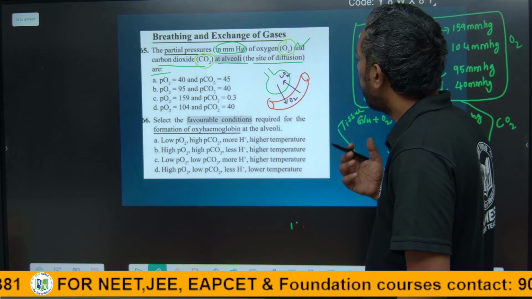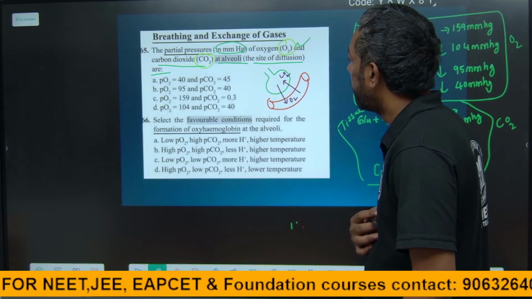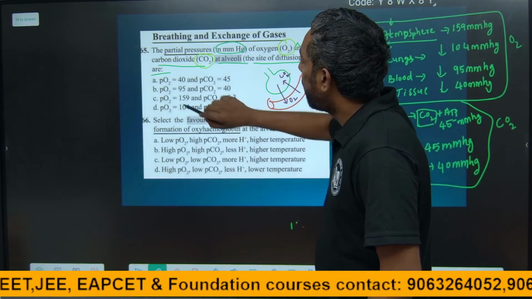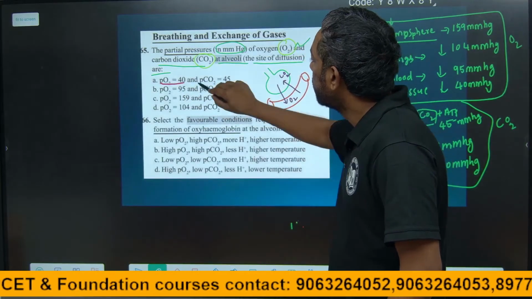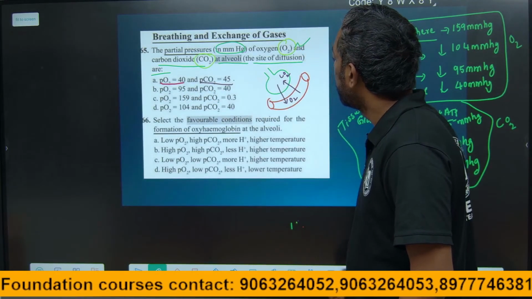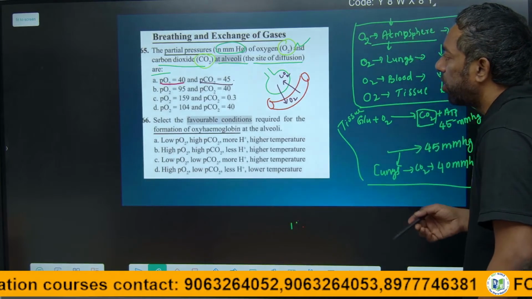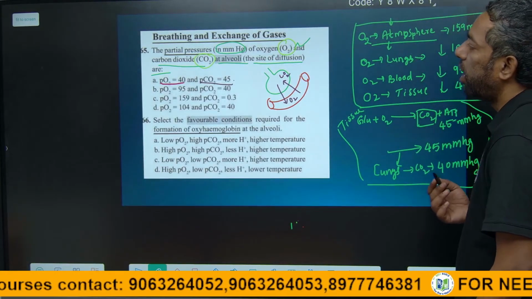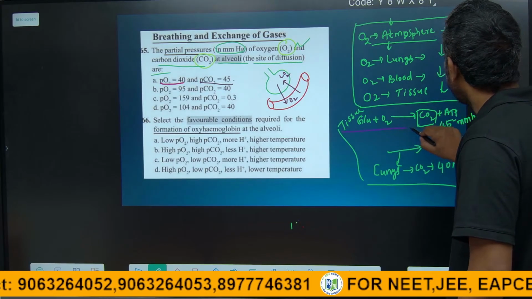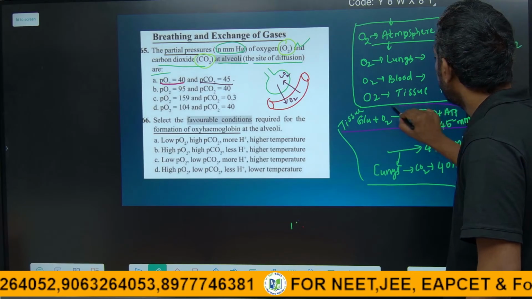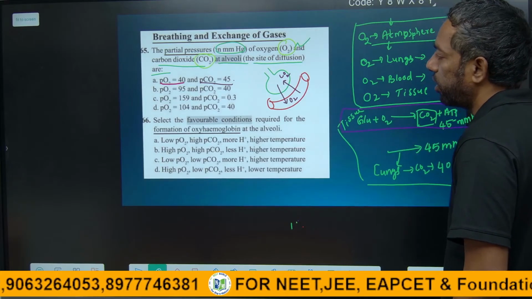So, what happens in this diffusion? Guys, just look into this. Partial pressure of oxygen 40 mmHg and CO2 45 mmHg: no, that is in the tissue, guys, not in the alveolus.